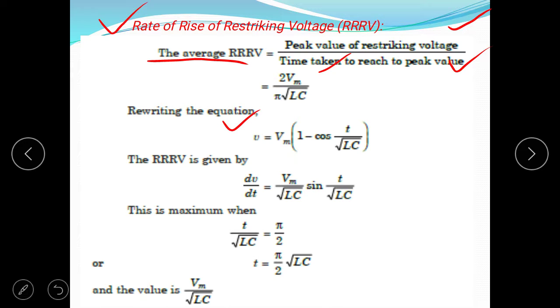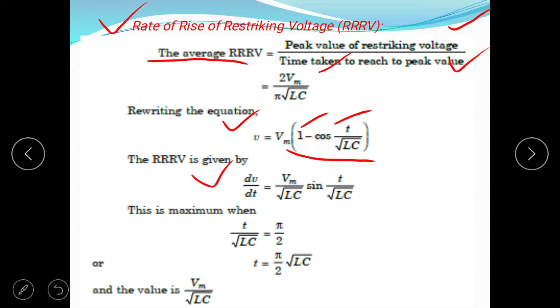So rewriting the equation, the restriking voltage is V equals Vm (1 minus cos t upon under root LC). So RRRV is given by the differentiation of V, that is dV by dt, and the differentiation of this equation is Vm upon under root LC sin of t upon under root LC, because we know that the differentiation of a constant is 0 and the differentiation of cos theta is equal to minus sin theta.